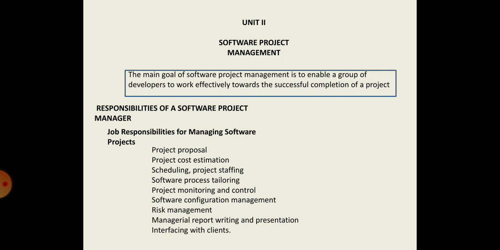Now, we move on to our second unit, that is the project management, another important area in the software engineering. Project management is important for the success of software project.